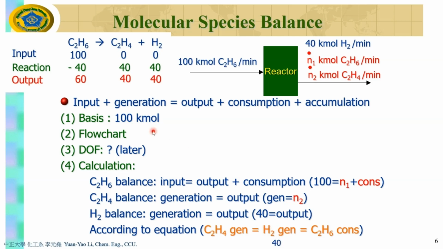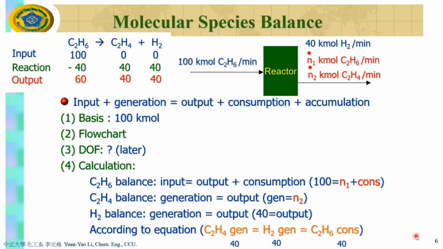Hydrogen generation will be 40, as we know here. So that will be 40 here, right? And then the consumption is 40. So this 40 here, and 1, and then 40 here. If you put these numbers in this place, you will get N1 and N2.